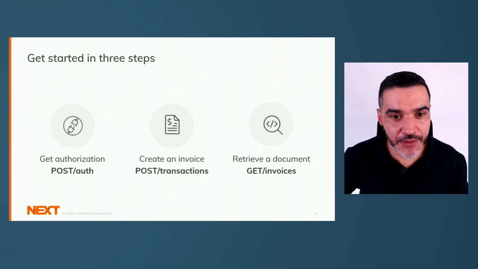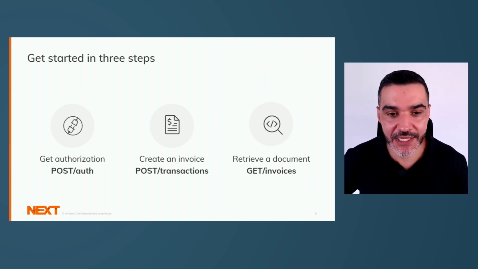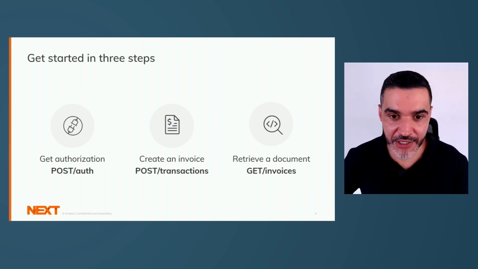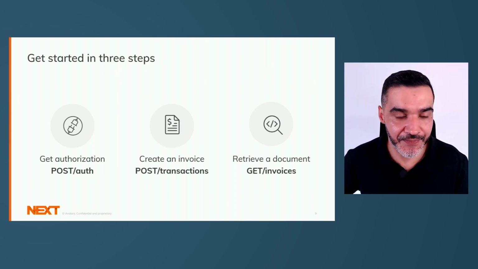But how can you get started with that process? This flow seems complex, but in basically 3 easy steps, you can accomplish the creation of an electronic invoice with Avalara. First, you get an authorization from our API. You will call the post verb to an auth method of our API.